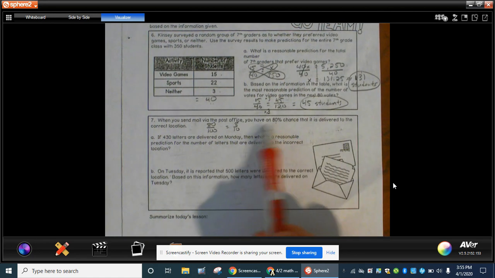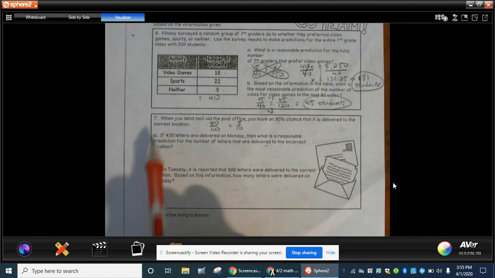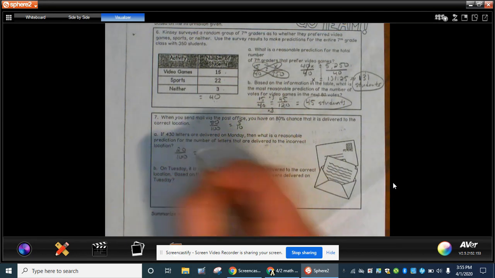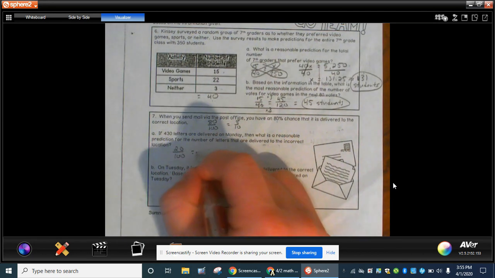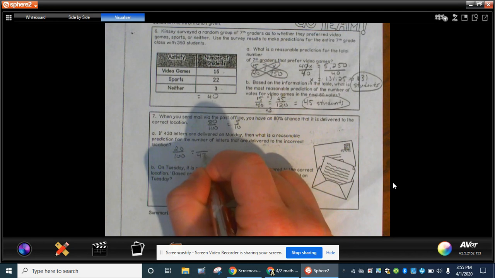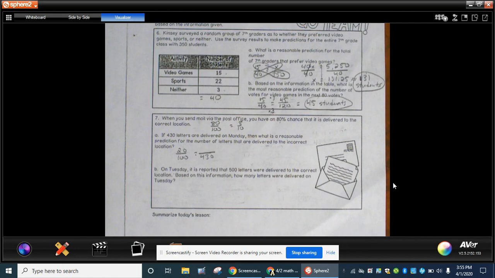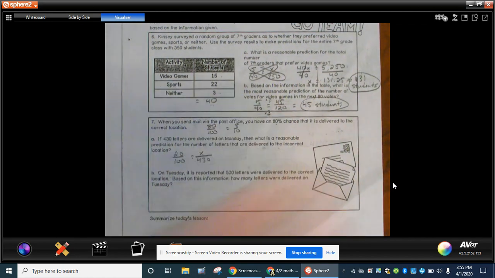Remember, 80% is delivered to the correct location. That means 20% is not. So 20 out of 100 will go to the incorrect location. If I make that equivalent to something over 430, I need to figure out what that something is.